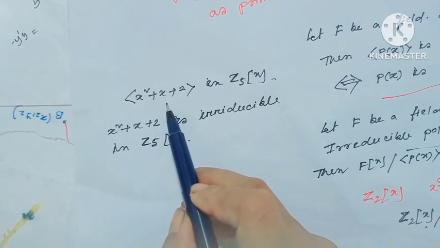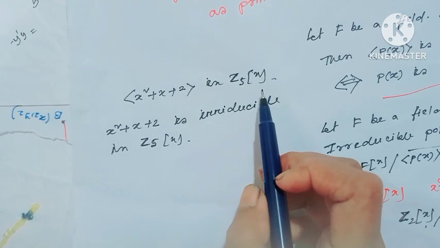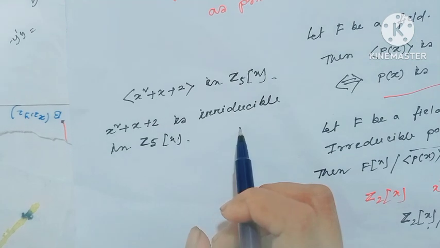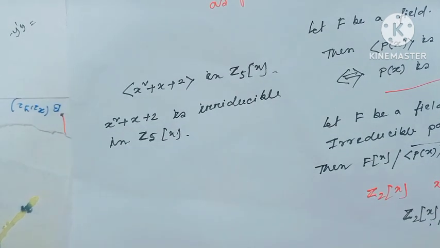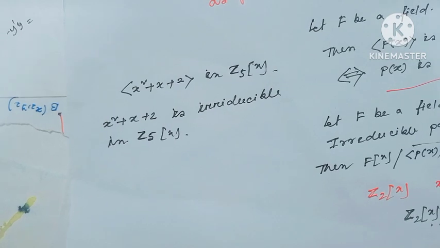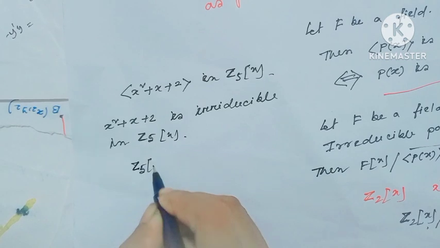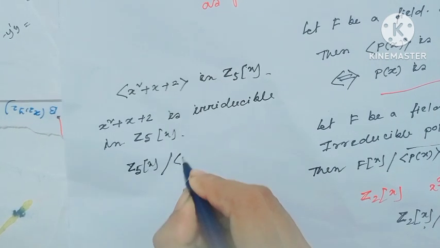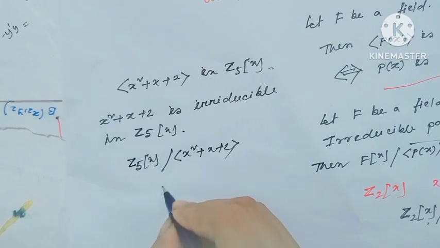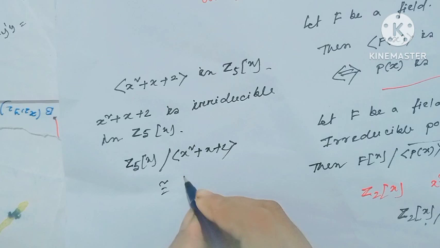Consider the ideal generated by x square plus x plus 2 in Z5[x]. Obviously this polynomial is irreducible; just check it by the root test. So obviously Z5[x] modulo the ideal generated by x square plus x plus 2 is isomorphic to a field.